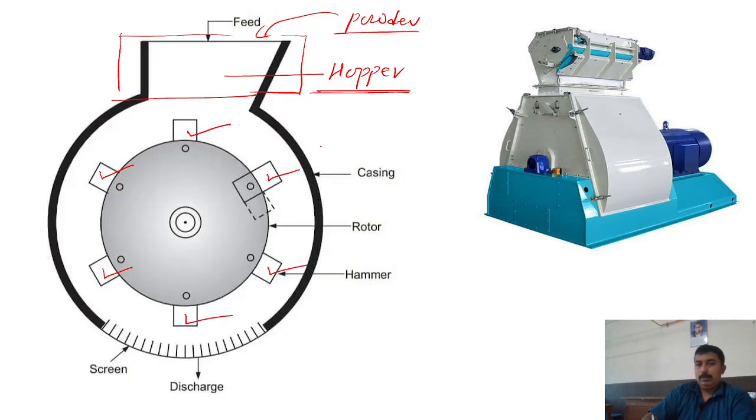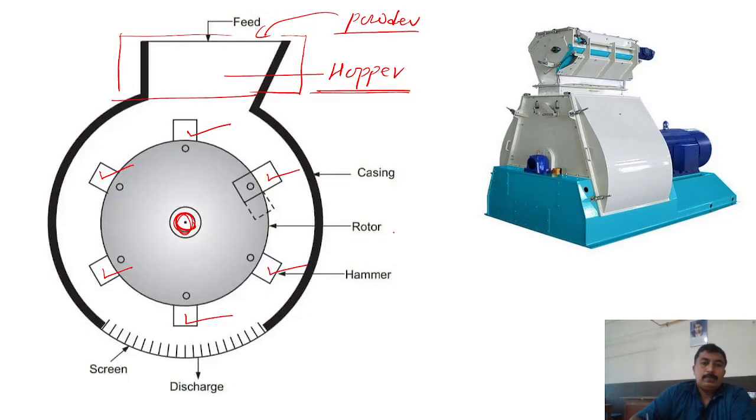So the hammers rotate at high speed. Actually, hammers are connected to the rotor, which is later connected to the central shaft. So the shaft rotating at high speed results in high speed rotation of the hammers, and these high speed hammers strike the particle and result in an impact, and this impact is responsible for breakdown of the powder particle.